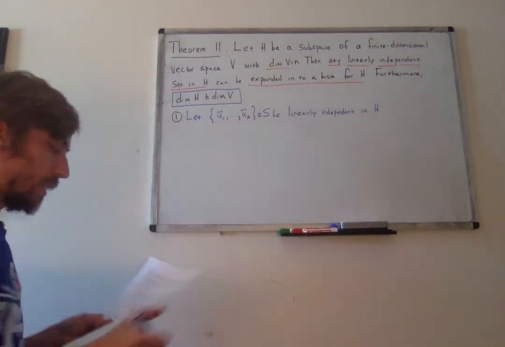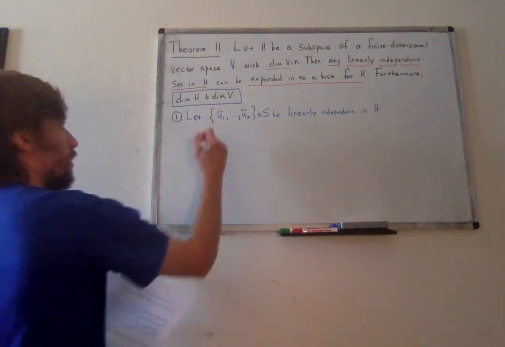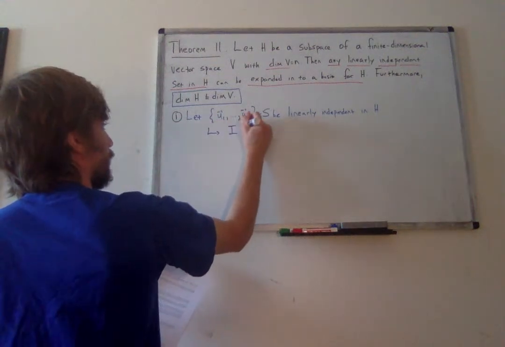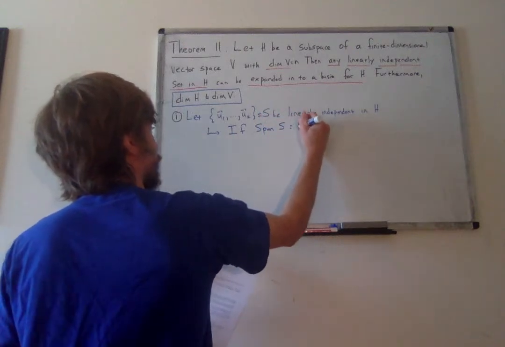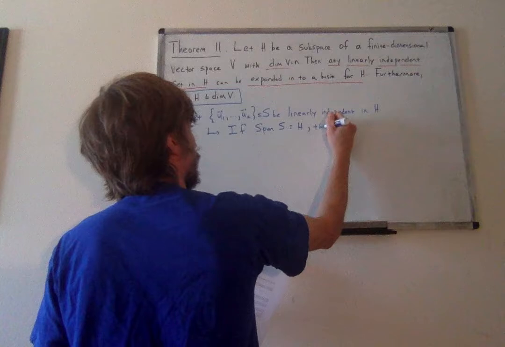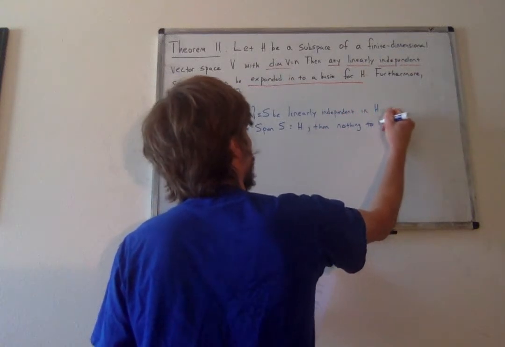So this original set is S. Notice S is linearly independent, right? So if the span of S is equal to H, then there's nothing to show, because this means that this set is already a basis.